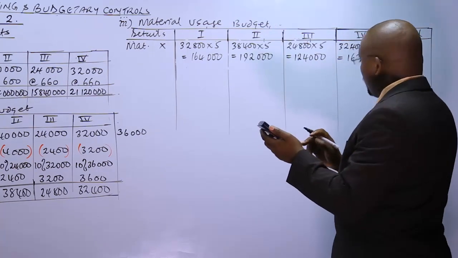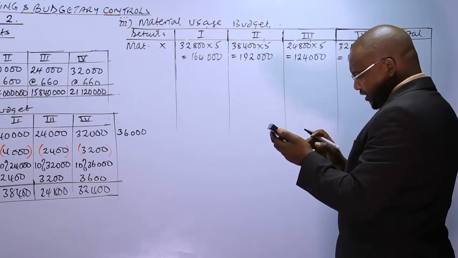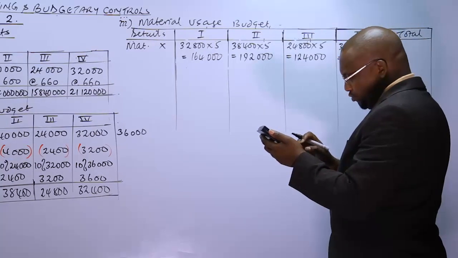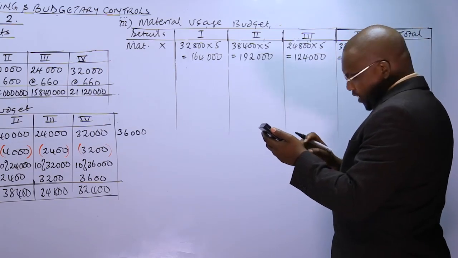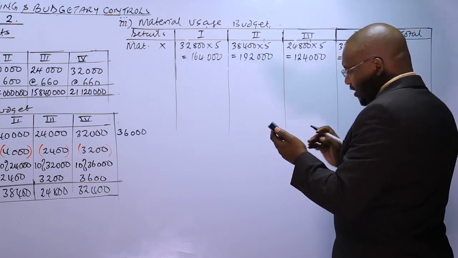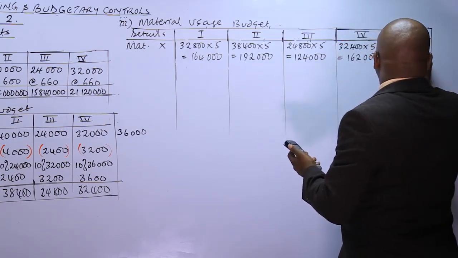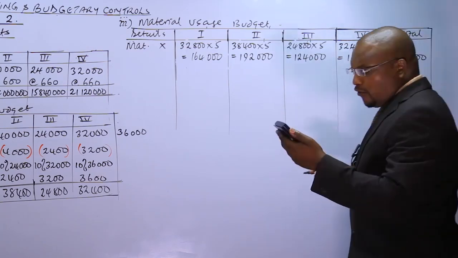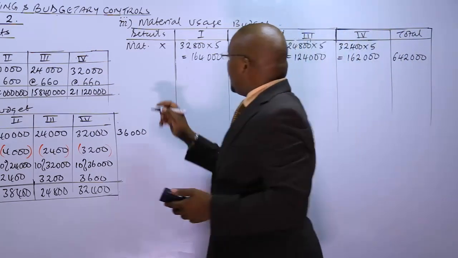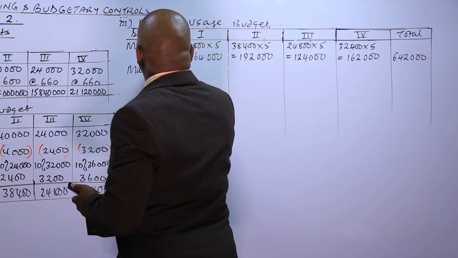Then the total, if you add 124,000, 192,000, and 164,000, gives us 642,000 kgs of material X.